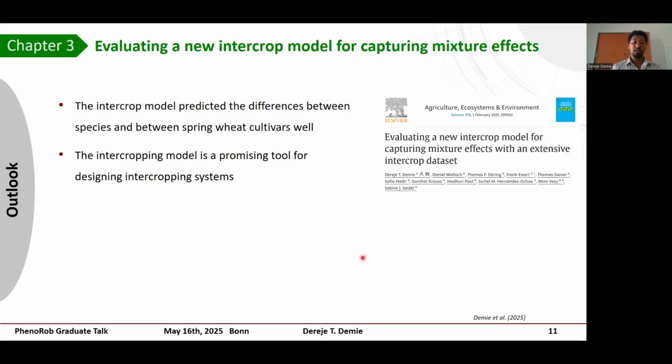We tested whether the model captures cultivar differences, and it is able to capture the difference between the spring wheat cultivars. Therefore, the intercrop model is a promising tool for designing intercropping systems and for further applications.